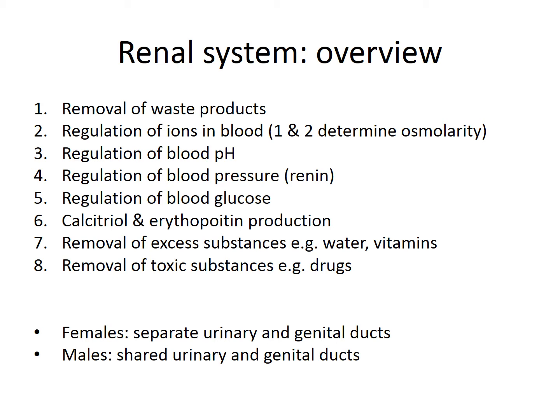In males, the urethra is a shared duct for the genital tract and the urinary tract. And so a urinary tract infection in the male can ascend and affect the prostate and then the testes. So a difference there between males and females. Females have 2 separate ducts, males share 1 duct.